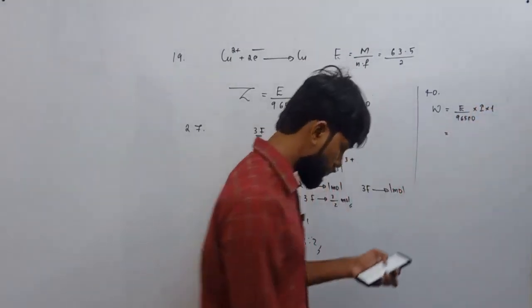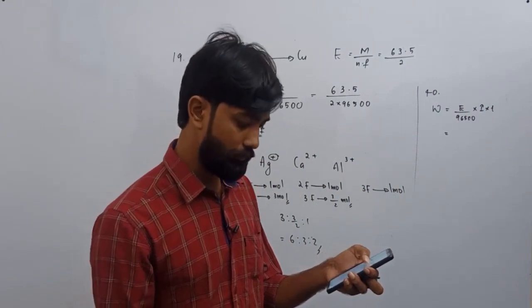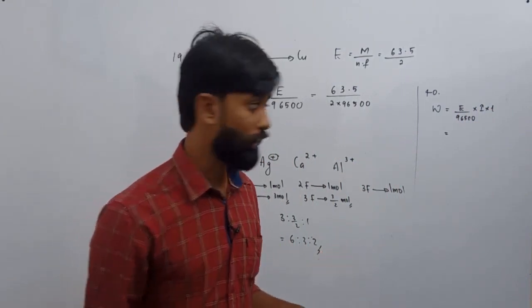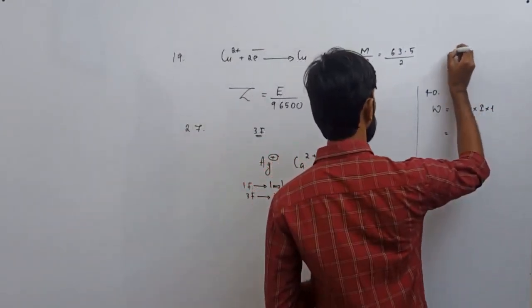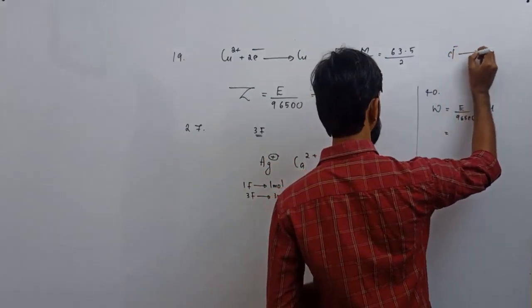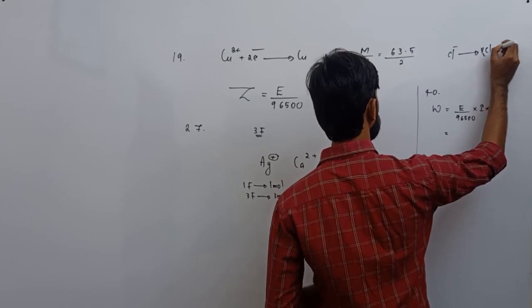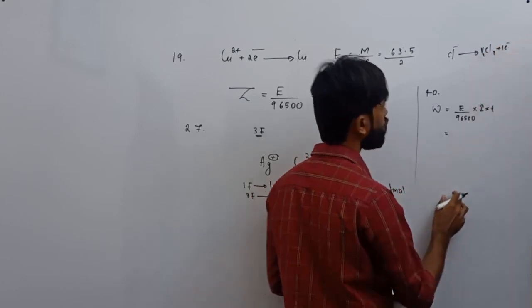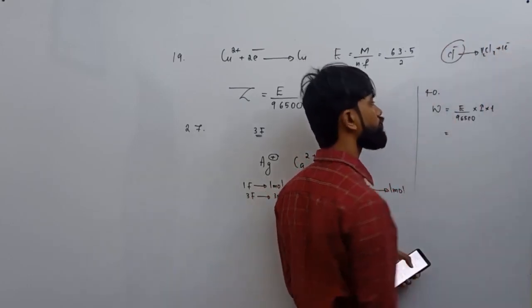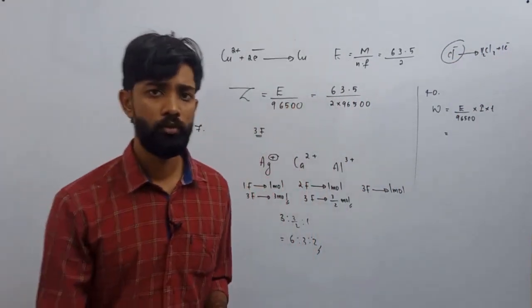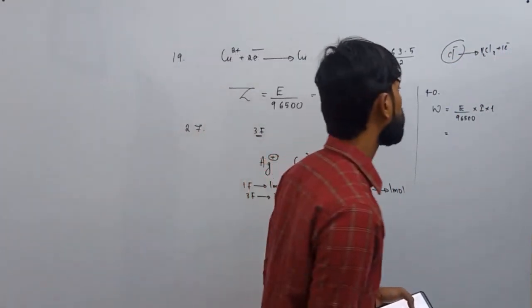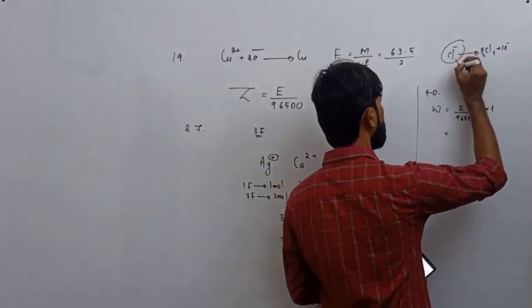So the species given is NaCl, and you want to find the mass of chlorine liberated. So what is the equivalent mass of chlorine? Since chlorine is a mononegative ion, its n factor is 1.